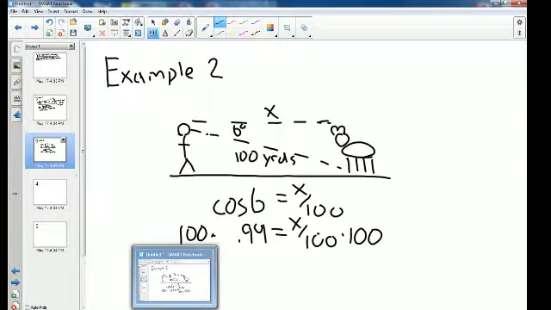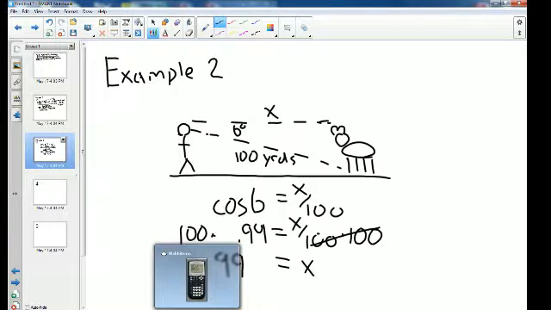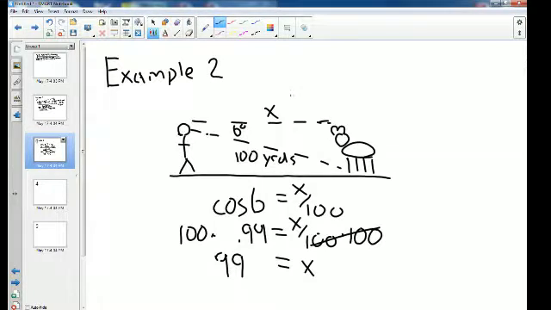So these two will cancel out, so it'll be x, and then this will come out to 99. So it'll be 99 yards. This distance right here will be 99 yards. So the guy is 99 yards approximately away from the animal.